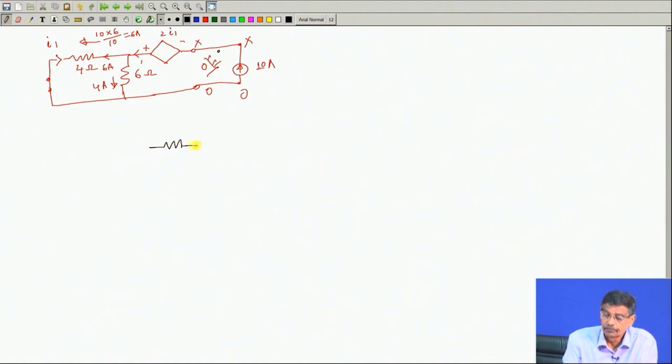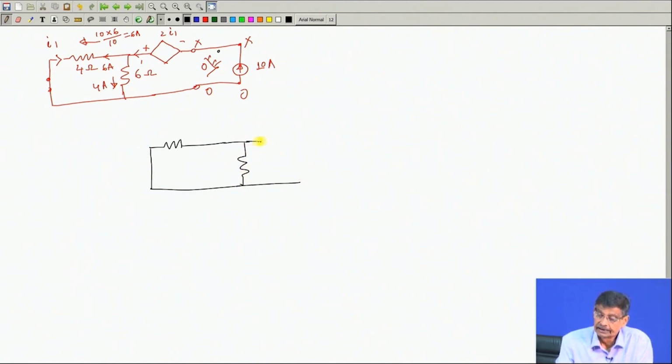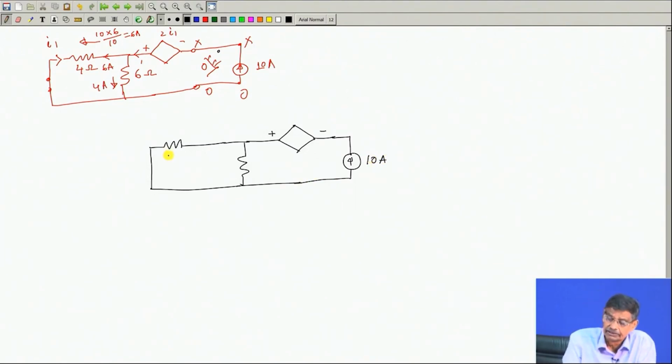So, this is 4 ohm, this active source is shorted, this is 6 ohm. Now, here is a voltage source with this as plus, this as minus, and here I have connected a current source of any value, 10 ampere I have chosen, so that I mentally know the equations will be simpler. 4 ohm, 6 ohm.